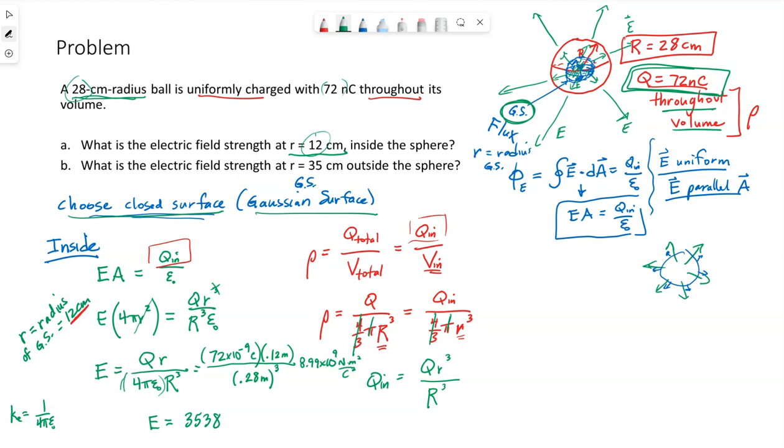So we only have 2 sig figs. So we do need to round this. So 3,500 newtons per coulomb, or 3.5 kilonewtons per coulomb, or 10 to the 3. Either way, but we do want to consider significant figures.